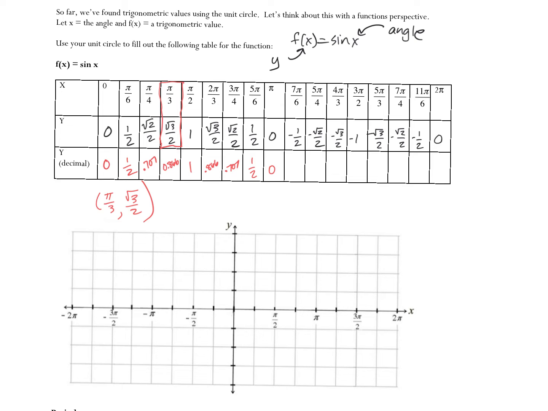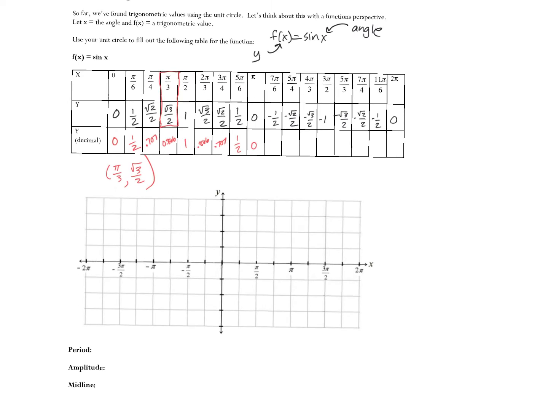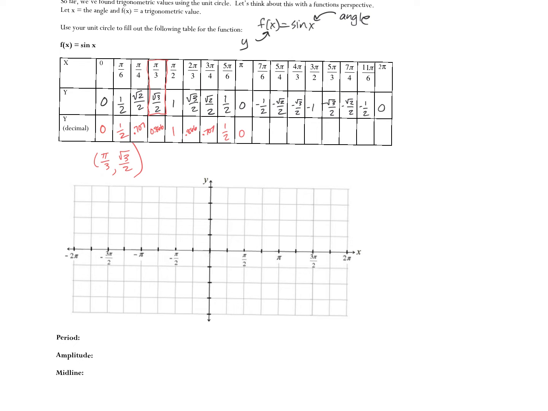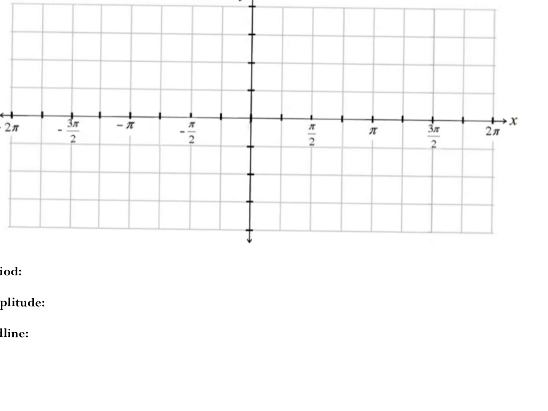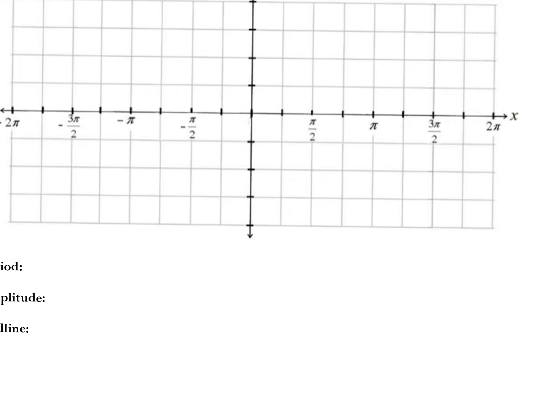Okay, now, if I go to plot these points, what I have to do is plot these coordinates on this graph. Okay, so if this is pi over 2 right here, what does that make this one? Pi over 4. And as you guys look on your unit circle, do you see how pi over 3 and pi over 6 are close to pi over 4, just a little bit on each side of it?